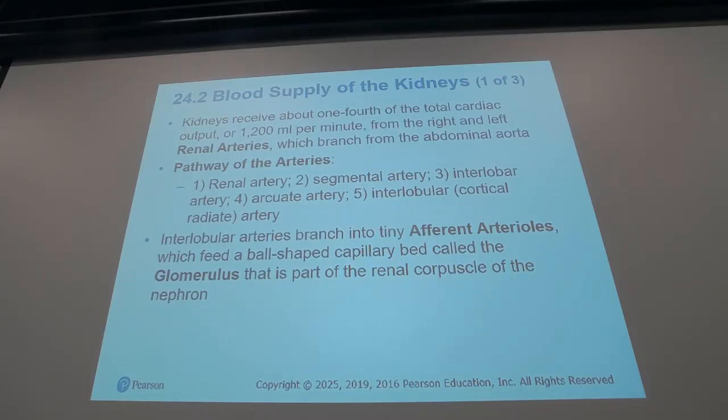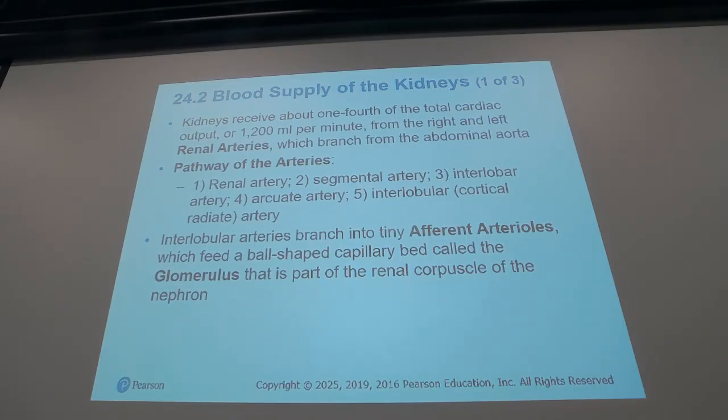And then this arcuate is going to extend almost vertically or at an angle, some tiny branches. This will be the interlobular or cortical radiate arteries.